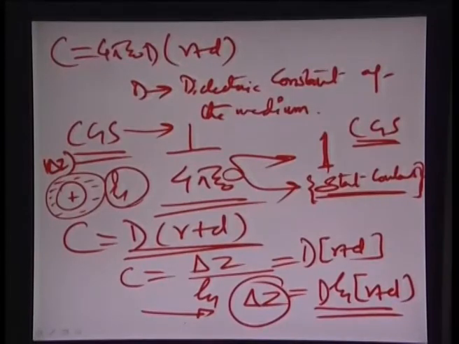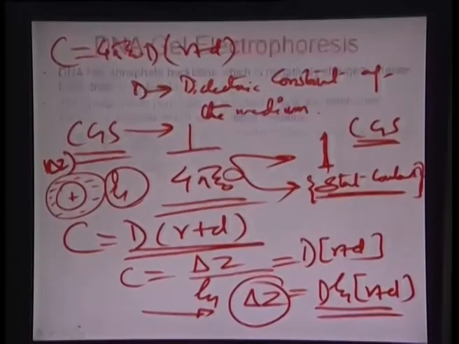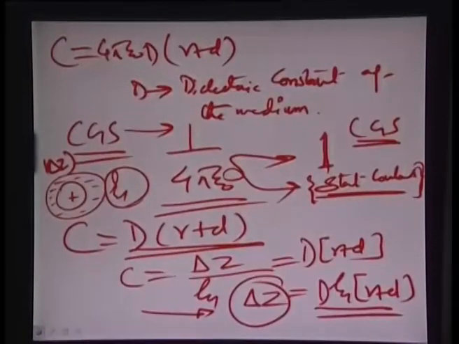If we go back to our equation on the electrophoretic mobility and try to derive a relationship between this delta Z value that we obtained here and our equation, V there was essentially represented as delta Z times the electric field X divided by 6 pi eta times (R plus D), where eta is the viscosity of the medium in which the electrophoresis is happening and X is the external electric field.